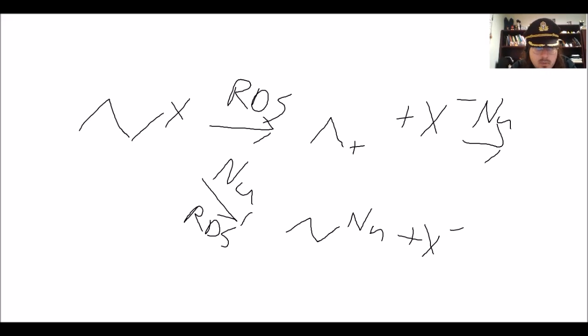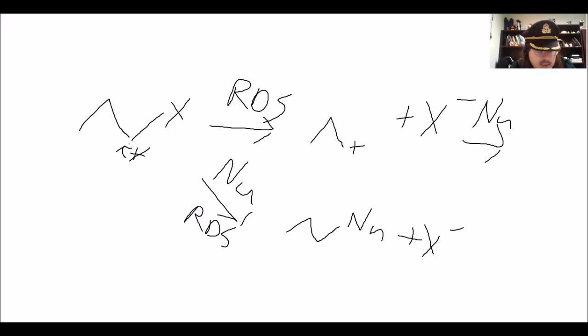The main implication has to do with chirality. If this is a one-step reaction, as we'll see, we get an inversion of stereochemistry, assuming this is a chiral center.